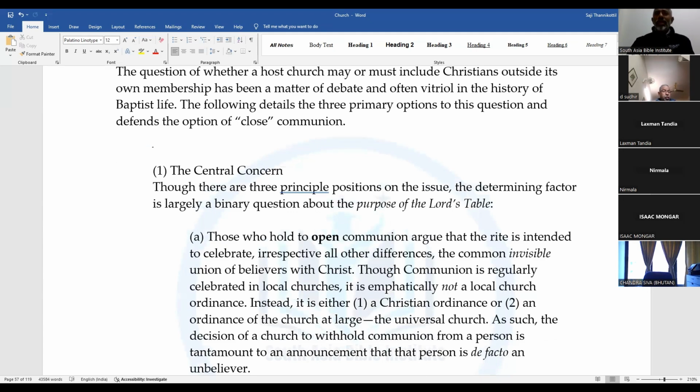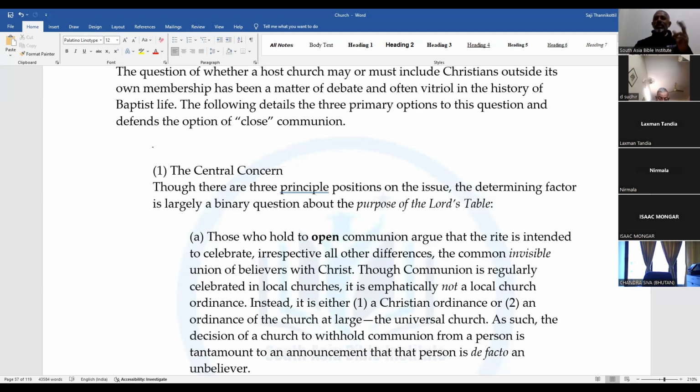All right, there are three options. Number one, open communion. Number two, closed communion. Number three, close communion.